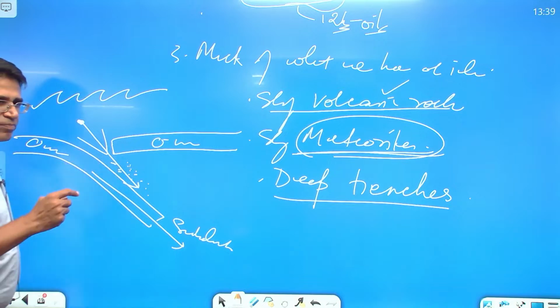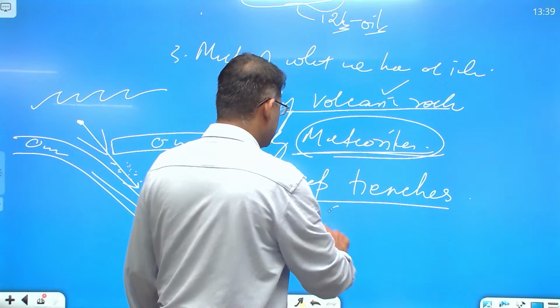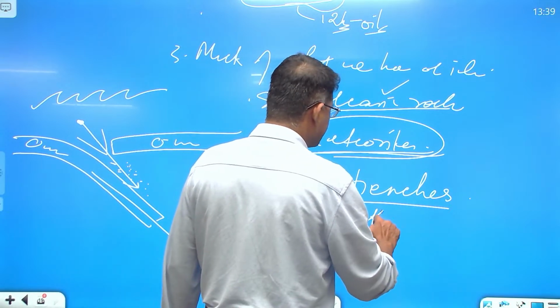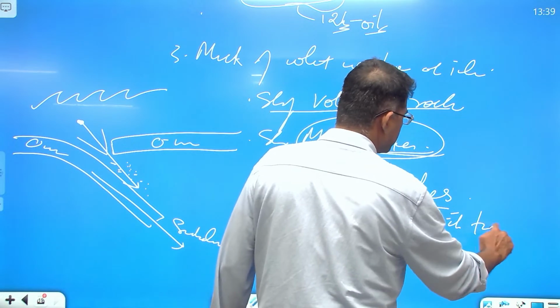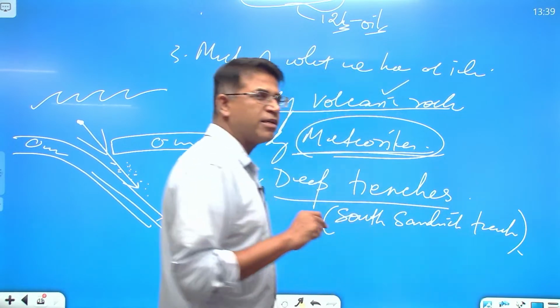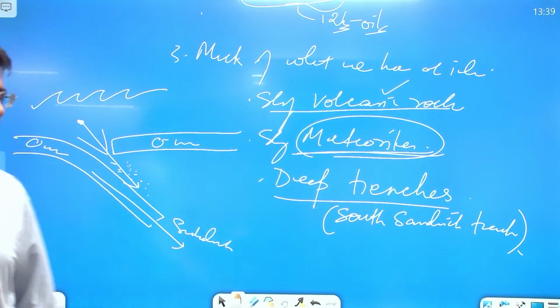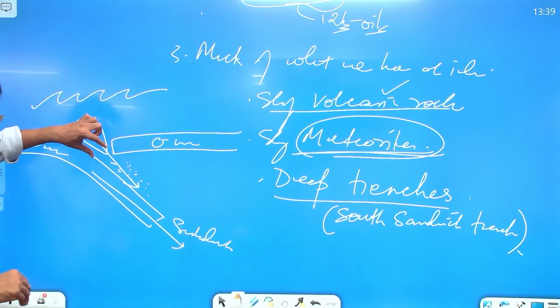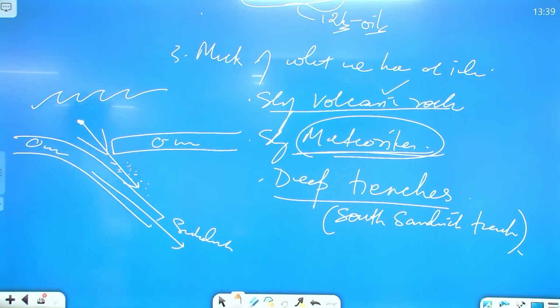There's one place in southern Atlantic called South Sandwich Trench. It is in southern Atlantic. In South Sandwich Trench, this gap is a bit more. So we can actually see what's there in the outer layers of the mantle.